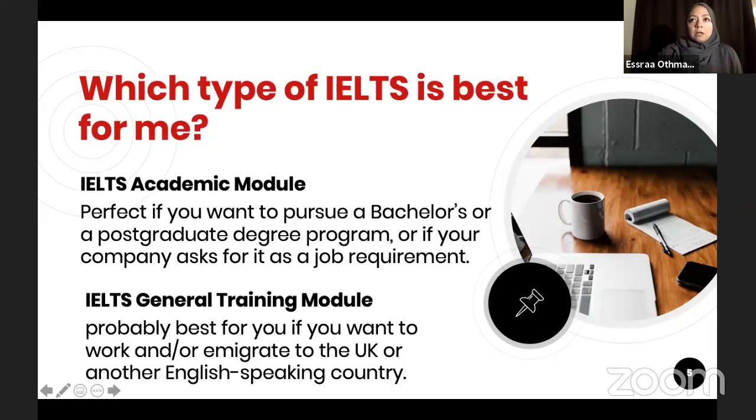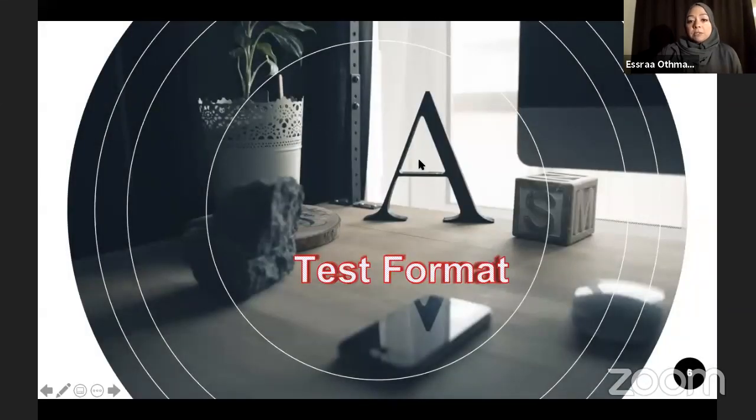There are other types of IELTS that are not very common, and we will not focus on them today. We will focus more on the academic and the general training because those are the most popular ones. But if you have any questions about other formats, feel free to ask after our session.